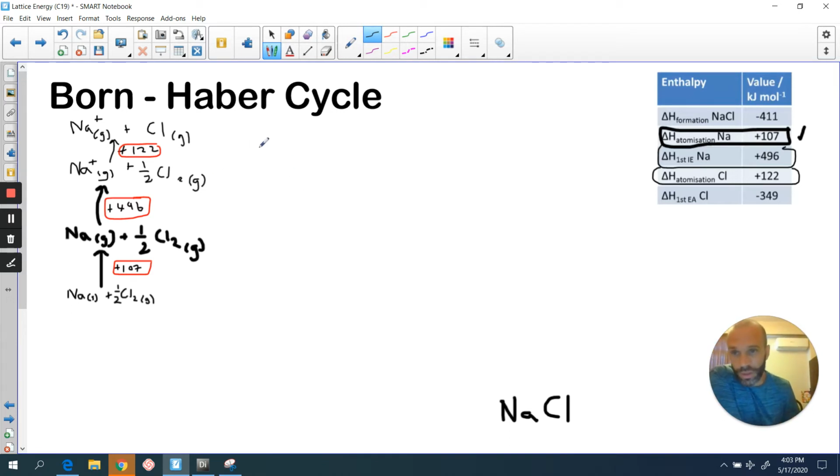Now it's very important you understand why I am now pointing this arrow downwards, because if I look at the value that I've been given, we can see that in order to turn this chlorine atom into a scattered gaseous ion, we're talking about an exothermic process here, because the first electron affinity of chlorine is exothermic, it's a minus value. So this is why I'm now going downwards on my energy level diagram. So I'll just write out what's actually happened there.